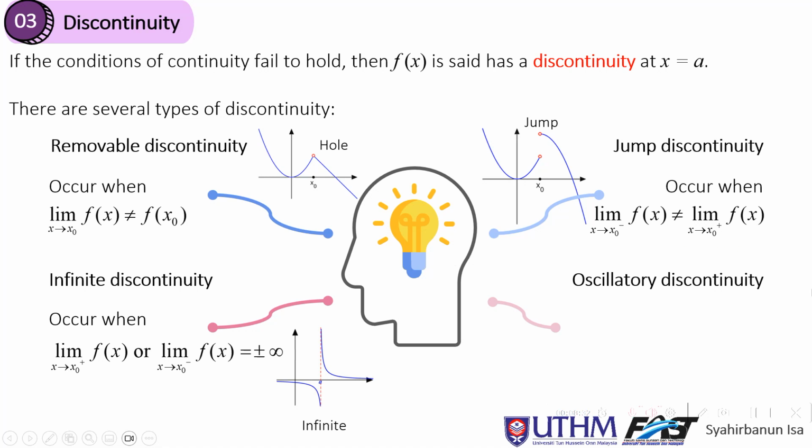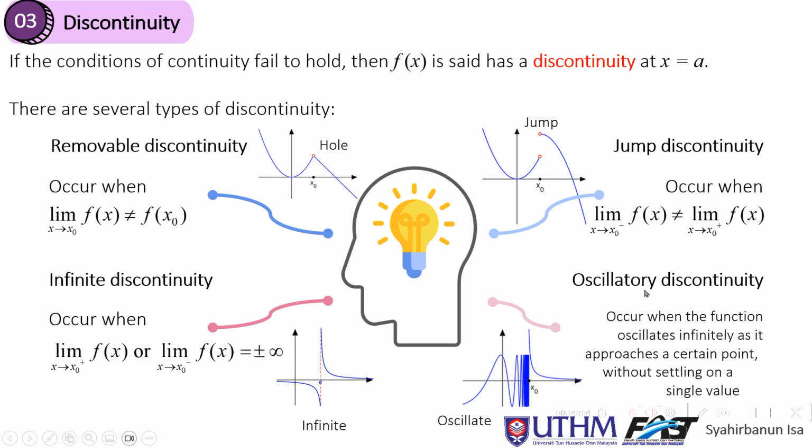Okay, the fourth type of discontinuity is oscillatory discontinuity. If we look at the example from the graph, the function oscillates at the x-axis.